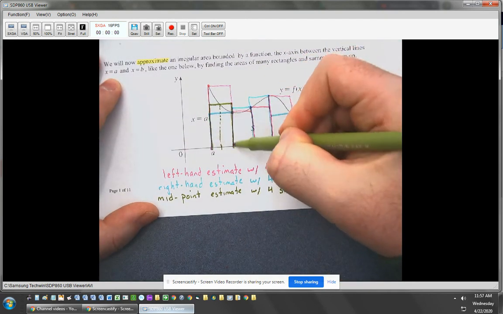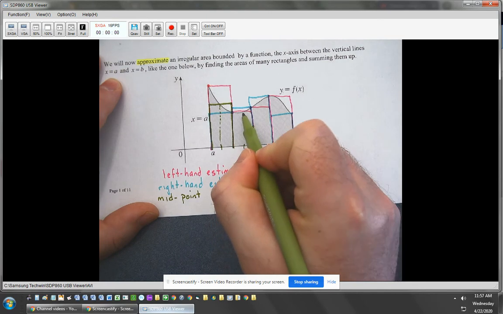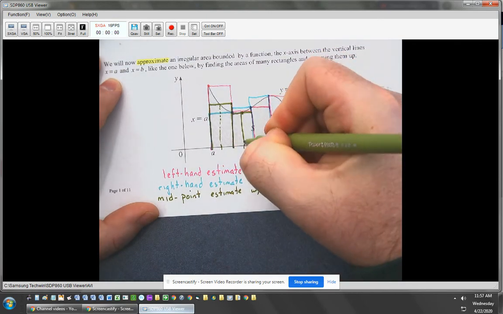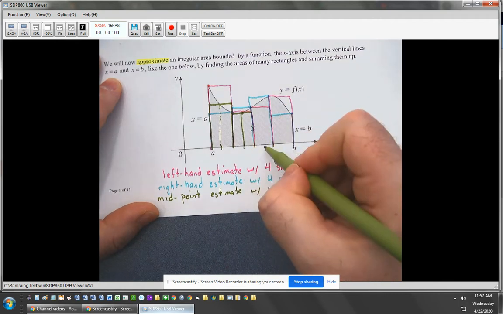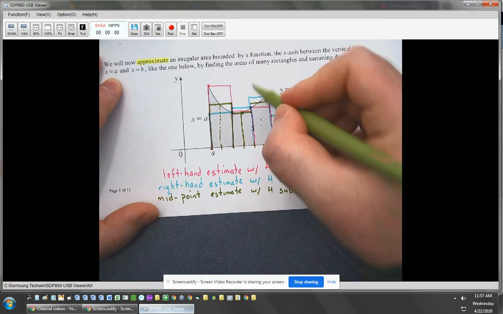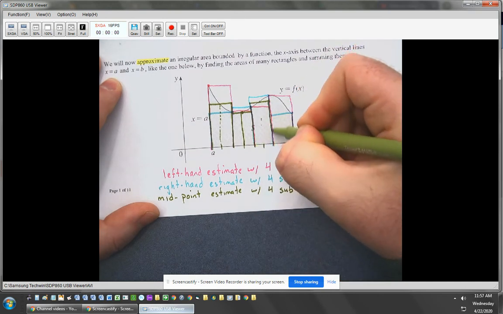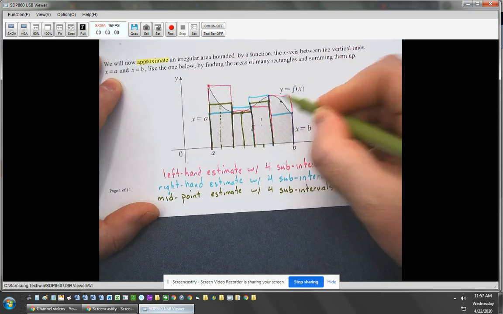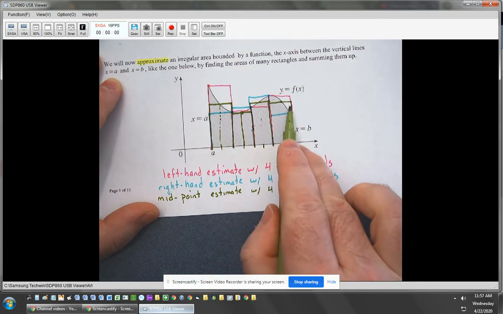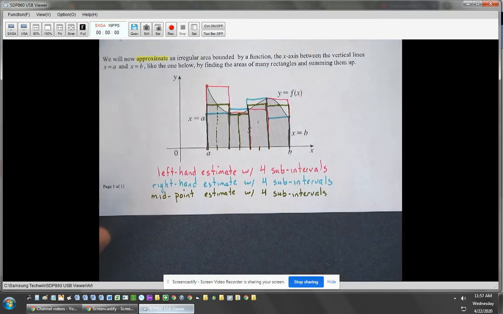So there's my rectangle here. I take the midpoint, I track up to the function, I use that. Dang it, I wish I wouldn't have drawn that there, but I did. Then this one here, there, here. There's my rectangle now. And the midpoint's a pretty good estimate because you're usually a little bit over on one side, a little bit under on the other side. So it kind of balances out back to pretty close to what the actual area is.